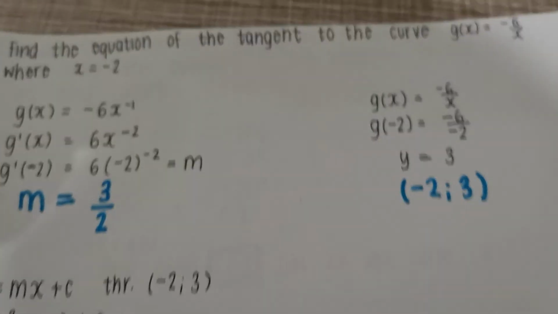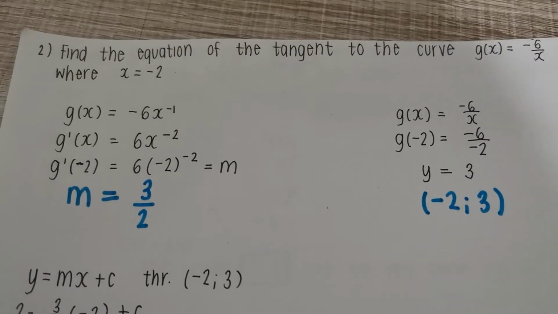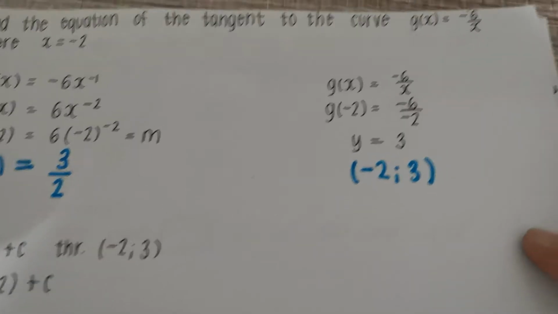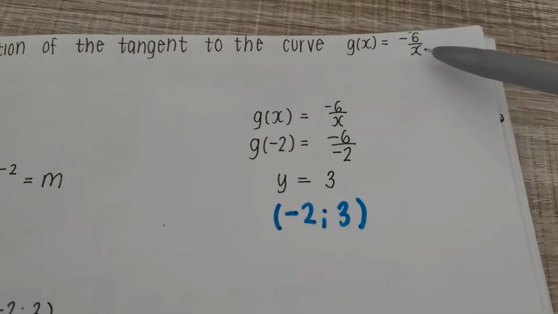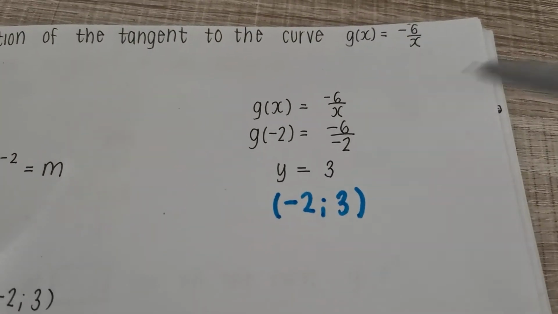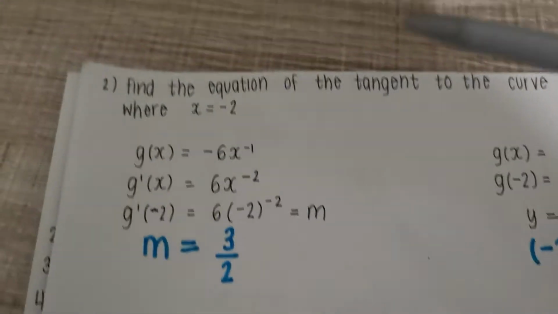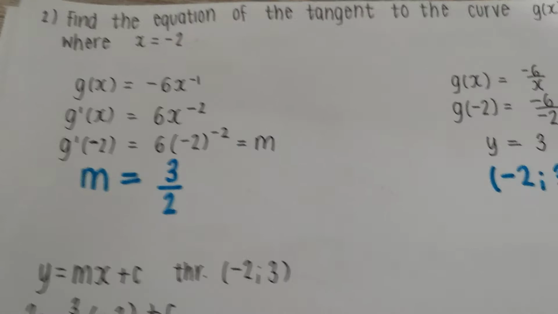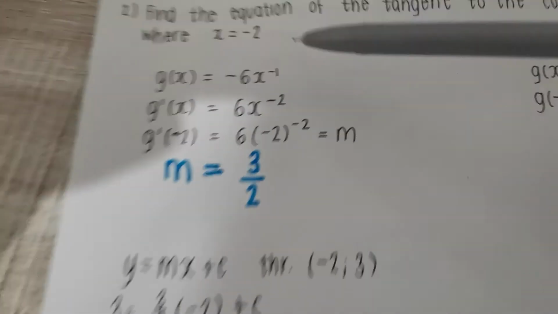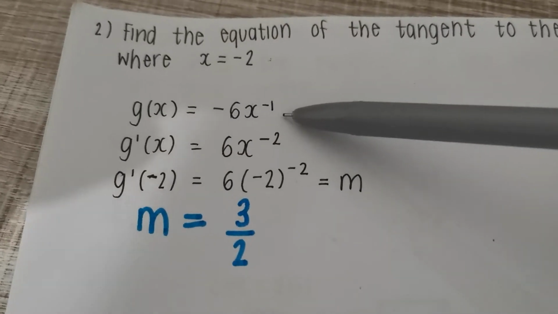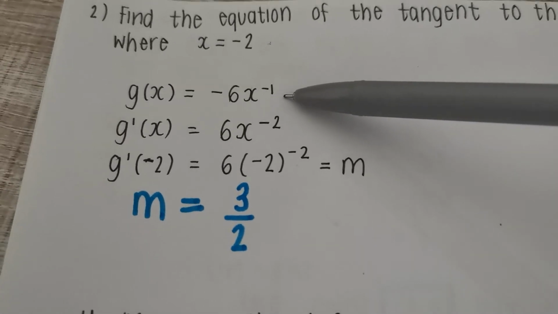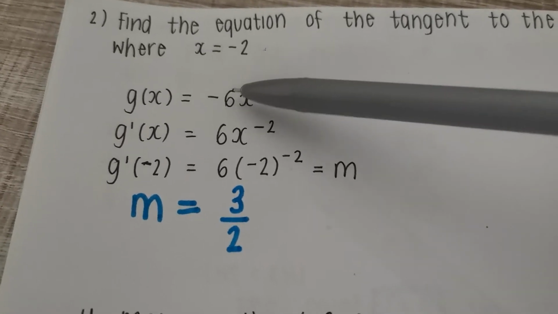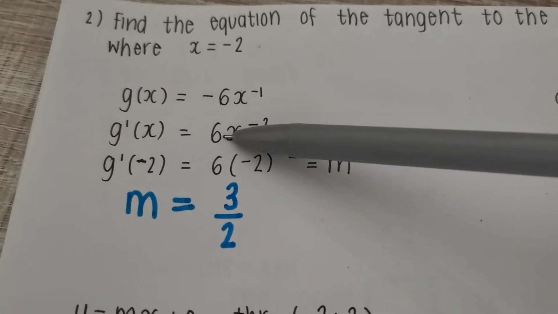I have another one. Find the equation of the tangent to this curve. This time I gave you a hyperbola, so it isn't only a parabola and a cubic. And I want it where x is equal to negative 2. So I just rewrote my equation like this. Why did I do this? So that it's easier for me to find the derivative. Take this, multiply by the negative 6, giving me positive 6.